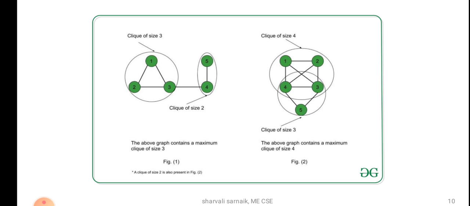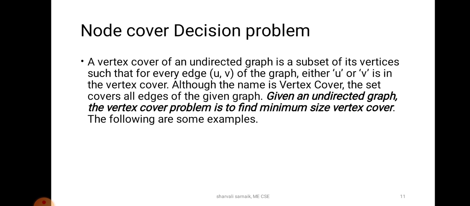This subgraph has a clique size of 3. So the maximum clique size in this graph is 4, because there are 4 vertices which create another subgraph. So we will define that as a clique of size 4 or a clique of size 3. So this is how the clique decision problem is.